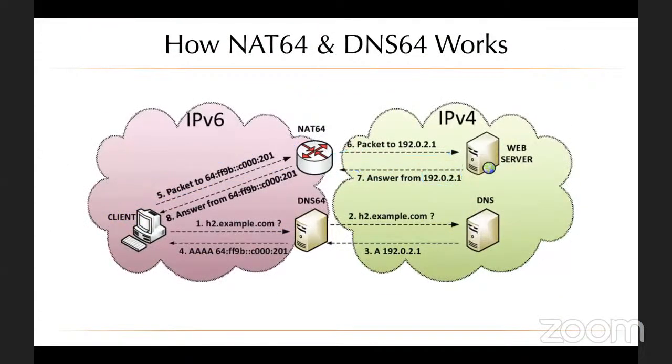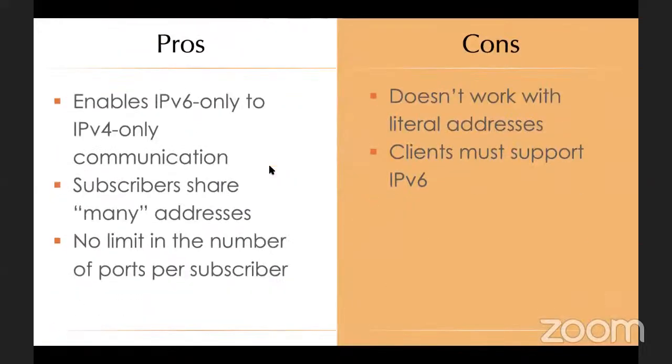Thank you. So let's look at the pros and cons of NAT64. So the major pro is that it enables v6 only to v4 only communication. If you look at encapsulation and tunneling, communication stays between the same protocol. So if you're doing v4, you tunnel over v6, and then the server is v4.